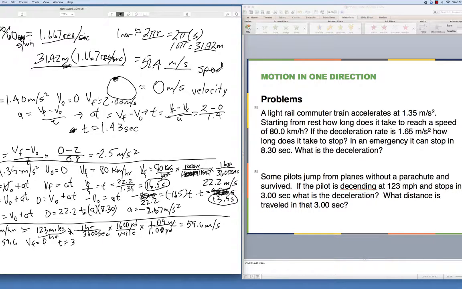So we're going to use this same formula up here. And we know that VF is 0, so minus V0 is equal to AT, and A is going to equal minus V0 over T, and V0 is 59.6.